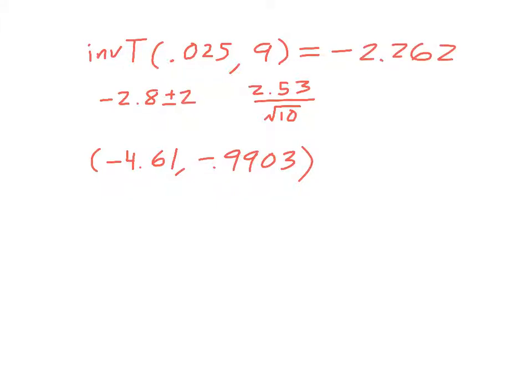And it doesn't matter if I put the positive or the negative. They didn't ask us to interpret, but if we needed to, we would say 95% confident that the true mean difference in pulse rates before and after using the exercise device is between -4.61 and -0.9903.